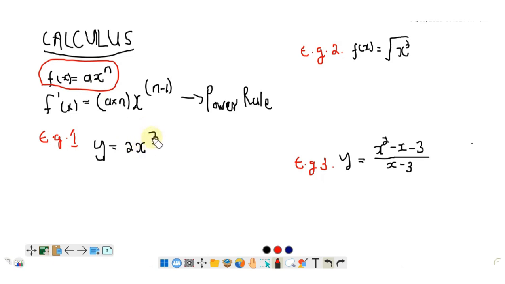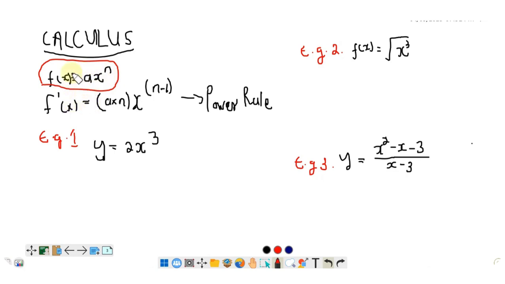So this 3 represents n. So you have an equation here in the form of ax to the power n, that is the equation.